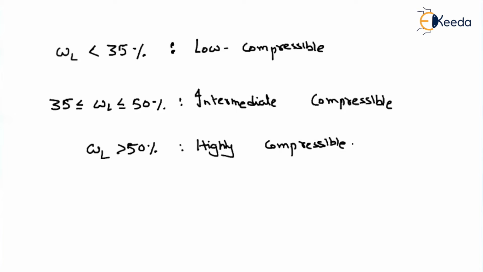Then how can I define whether it is a silty soil or clayey soil? For that, we have to draw a diagram of a line. On the x-axis, I am considering the liquid limit percentage.